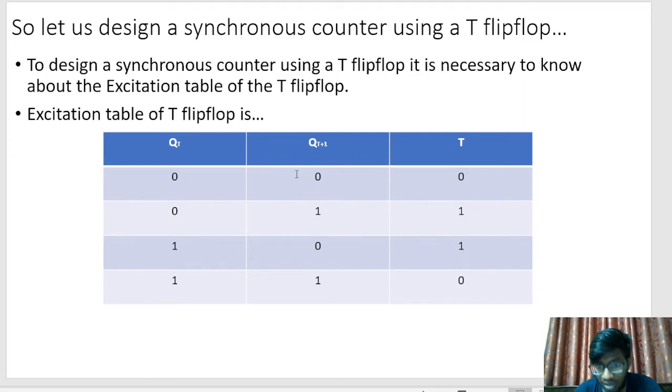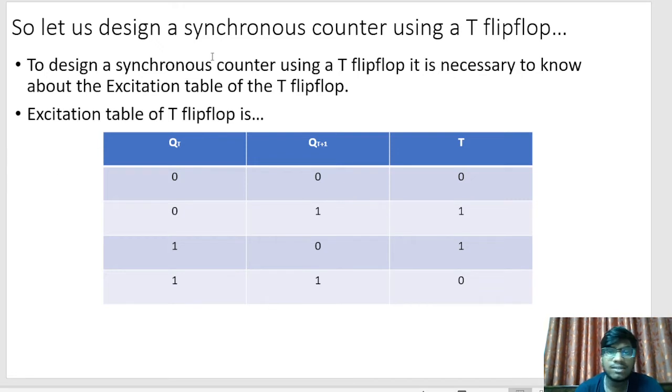If either one changes, the output will be 1. So for 0 1 the output is 1, and for 1 0 the output is 1. For 1 1 the output is 0, as both the present state and next state are the same. This is the basic information about the excitation table of the flip-flop.